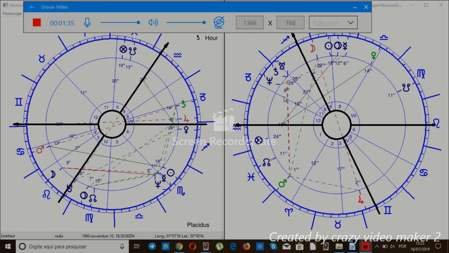The first thing that appears to me is that the ascendant-descendant axis is highlighted by Saturn. Saturn is at 29 of Sagittarius. It's conjunct the descendant.